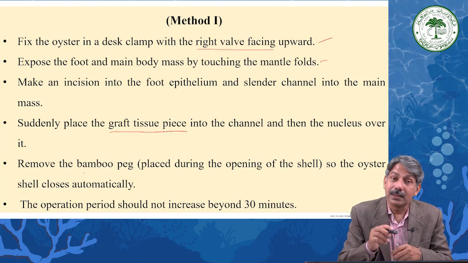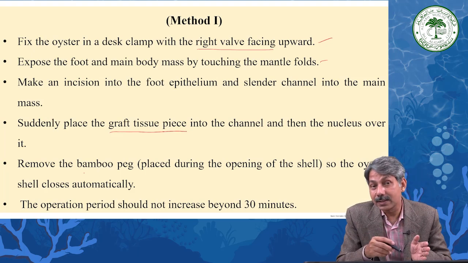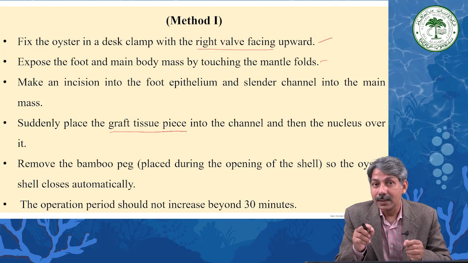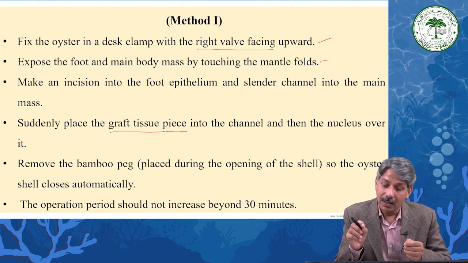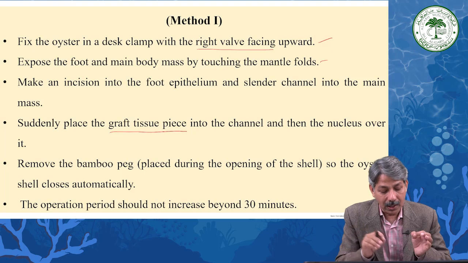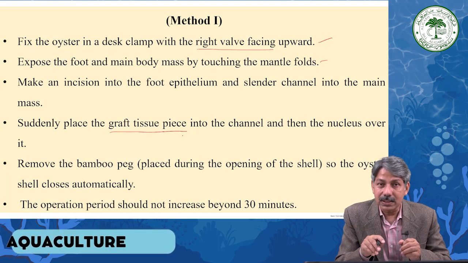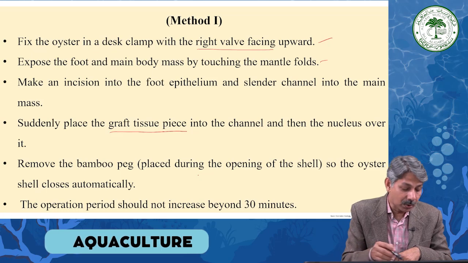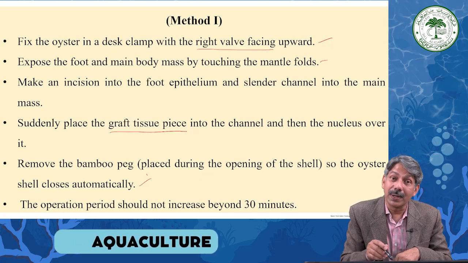Remove the bamboo peg. Remember what we discussed, that when the valve was open, then we put something, for example, a small bamboo peg of the desired size, in order to keep the valve open. Now graft tissue and nucleus you have put in, so the bamboo peg is removed, and the oyster shell closes automatically.